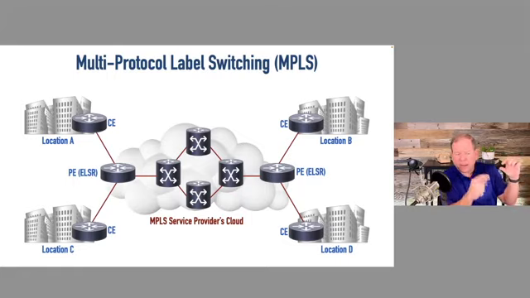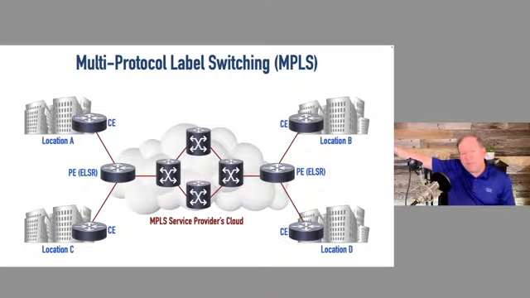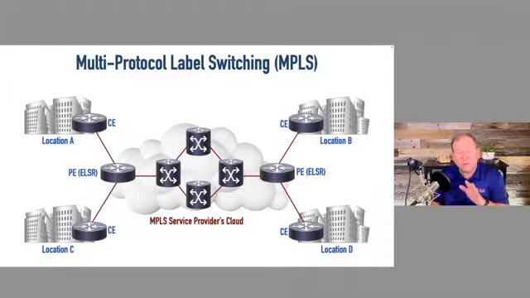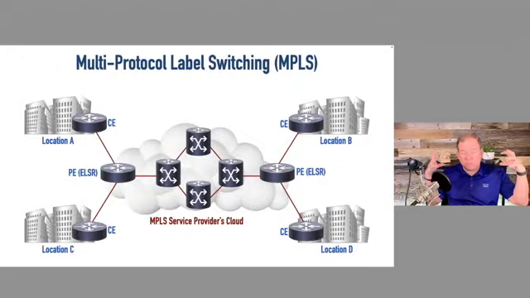Now, how did that PE router on the left learn about the IP address of that network going over to location B? It's not attached. Well, here's a term for your notes. It's called LDP, the Label Distribution Protocol. LDP is a lot like a routing protocol where neighbors exchange routing information.